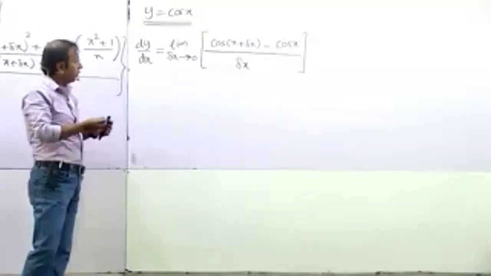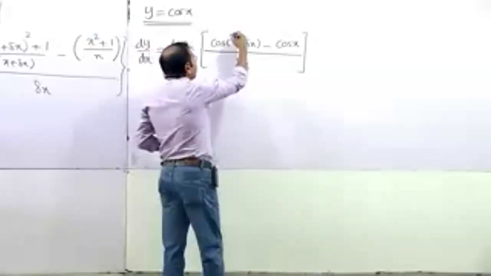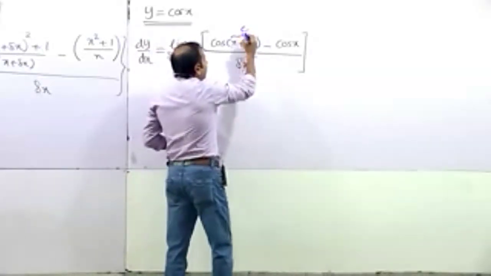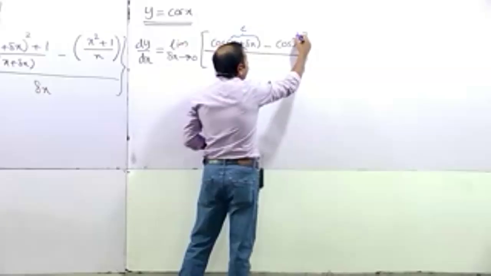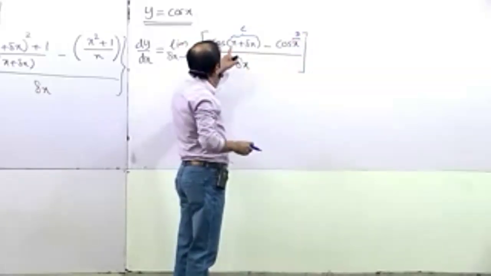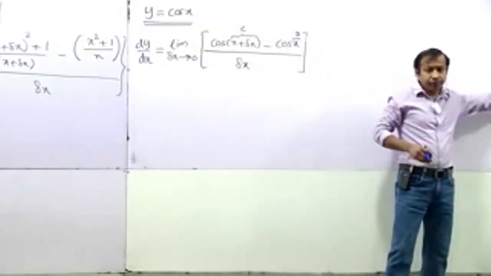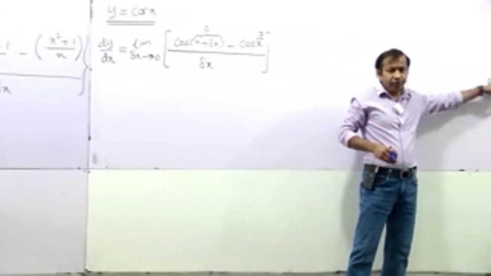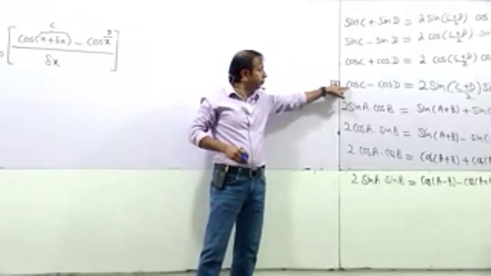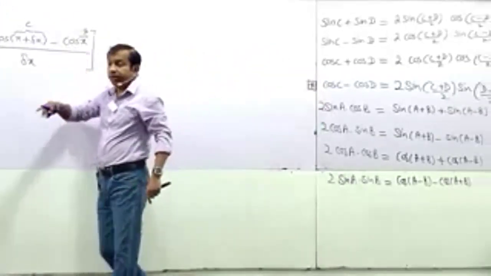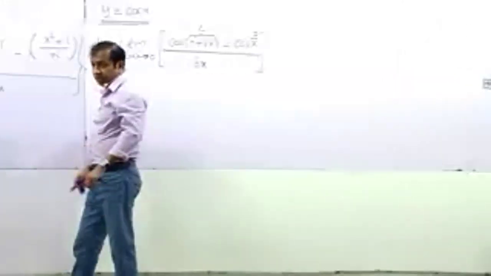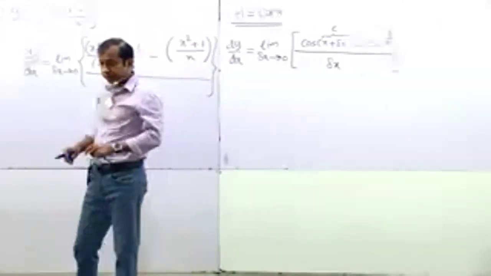Now, you have to consider this as your C and this as your D. Apply here cos C minus cos D, that means this one. First apply that. First applying that, we can do the derivation of this dy by dx. Right, now start.